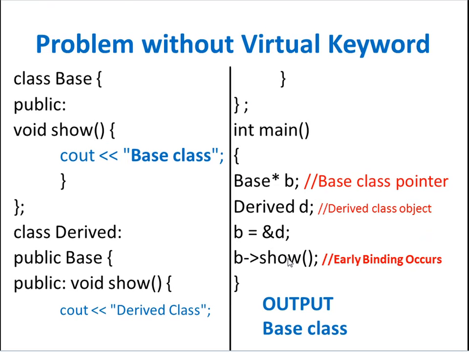But in this case, what will happen? Since the pointer is pointing to the derived class object, it is expected to execute the derived class function, but still the program executes the base class function. This is a problem. How do we solve it? We have to add the virtual keyword in front of the base class function.